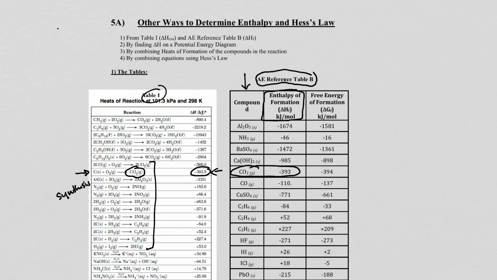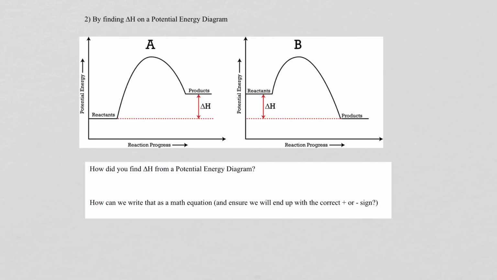A second way that you already know how to find the enthalpies of a particular reaction is to interpret it from a potential energy diagram. You can see here we have 2 potential energy diagrams. We have one that is endothermic and we have one that is exothermic.